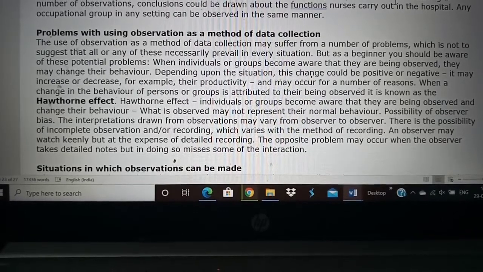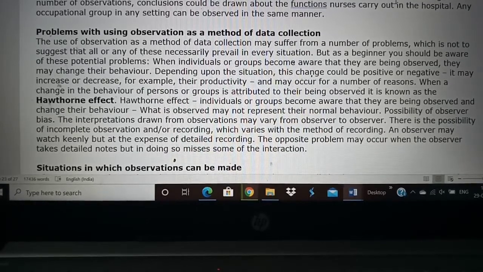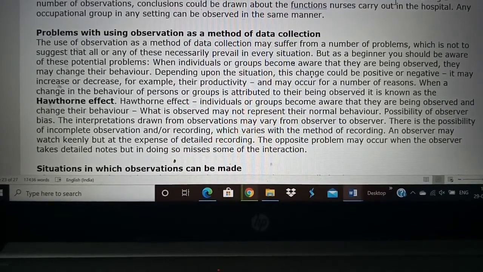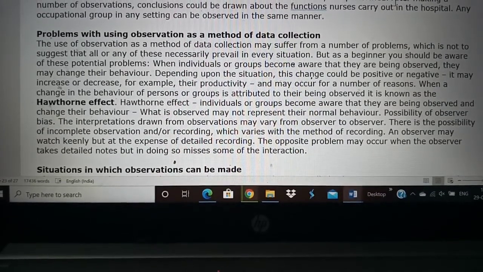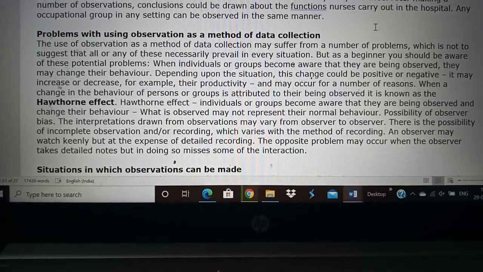You will say that all the nurses and doctors are very kind to the patient and are very considerate. But actually, when you are not there, when nobody is observing, maybe some of them will be angry with the patient, they'll talk rudely to the patients. So the Hawthorne effect creates observer bias, which changes the behavior of the subject who you are observing. Okay, so that is the reason why observation cannot be used at all times.